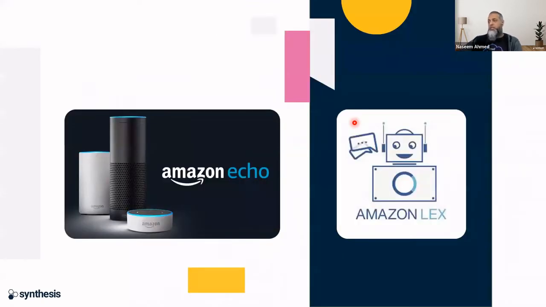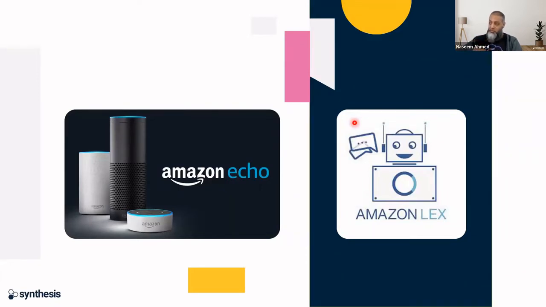The next service that I just wanted to touch upon is Lex. Amazon Lex is an AI, or artificial intelligence, service which is fully managed and can interpret natural language.